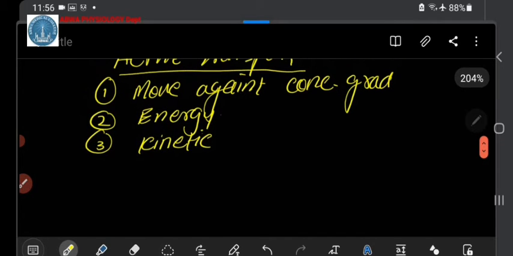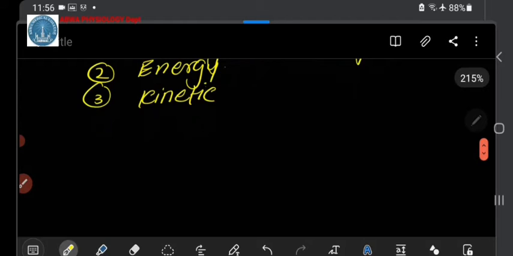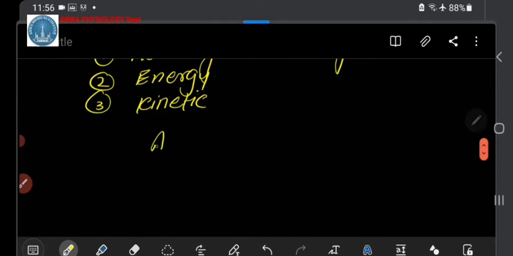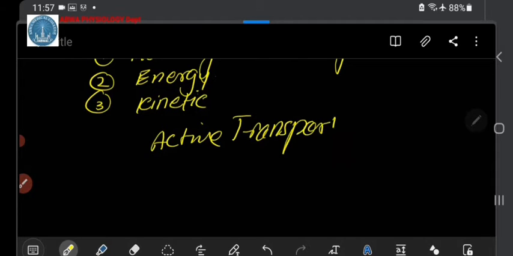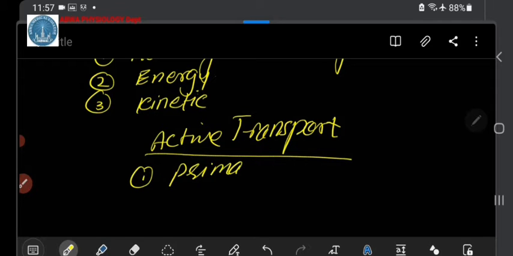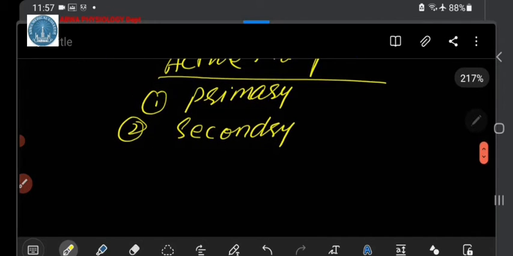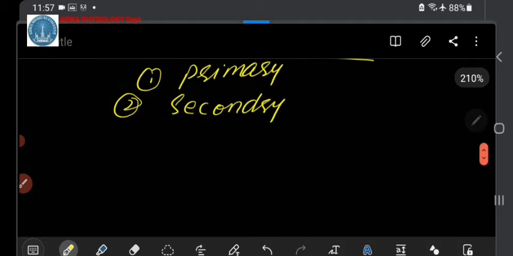Active transport is divided into two types according to the source of energy used. Number one is primary. Number two is secondary. First we are going to discuss the primary.